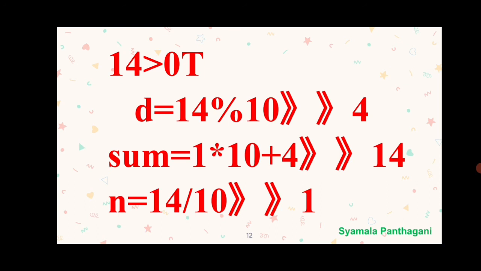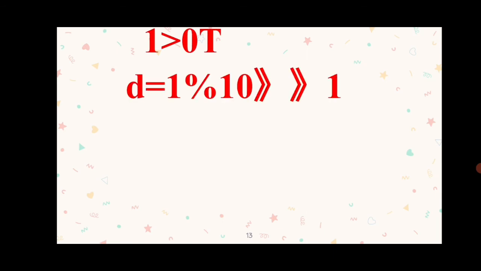Now we are going with these new values into the next iteration, that is 1 > 0, which is true. Now d = 1 mod 10. The numerator is less than the denominator, so it takes the given value, that is 1.